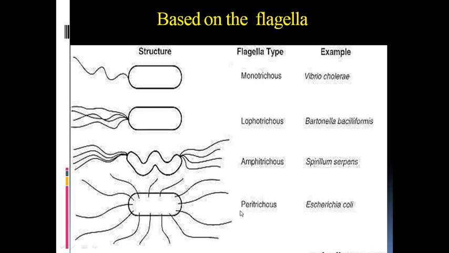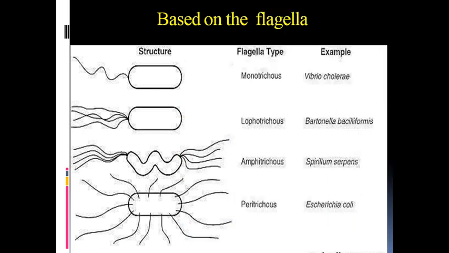That is called peritrichous. Example, E. coli. Along with that, absence of the flagella is also there. That is atrichous bacteria. Atrichous bacteria means there is no flagella. So, if there is no flagella, the bacteria cannot move.